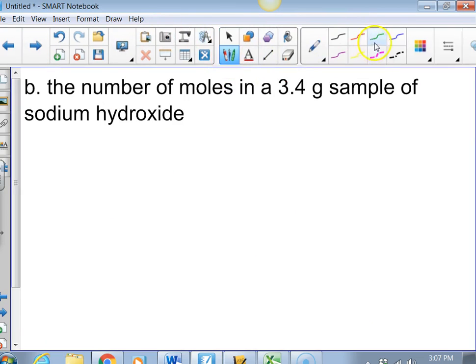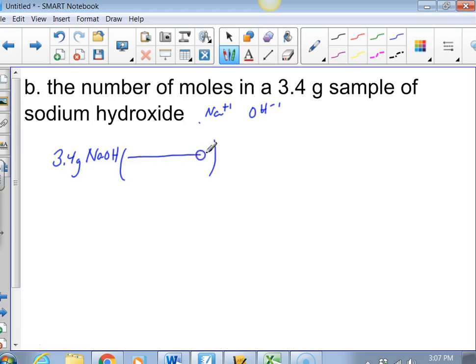Next problem, we want to know the number of moles in 3.4 grams of sodium hydroxide. Okay, so we're given 3.4 grams sodium hydroxide. That's Na plus 1, OH minus 1. So that's going to be NaOH.